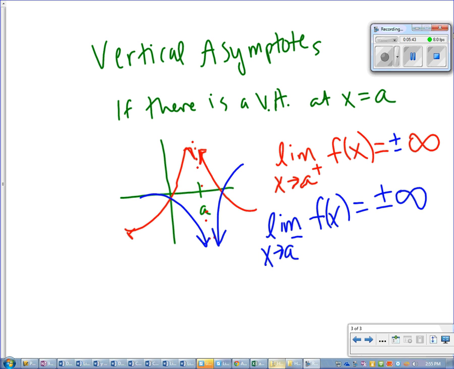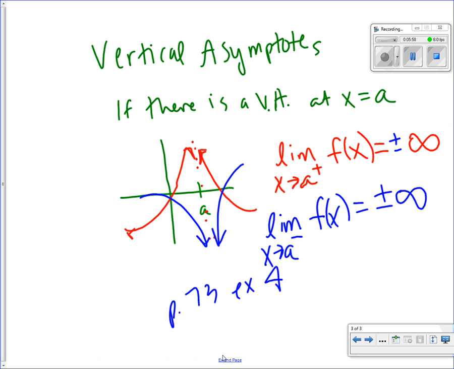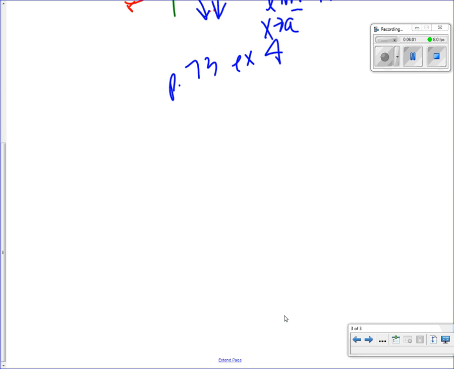Check out page 73, example 4. We see there that the limit as x approaches 0 from the right of 1 divided by x squared is infinity.